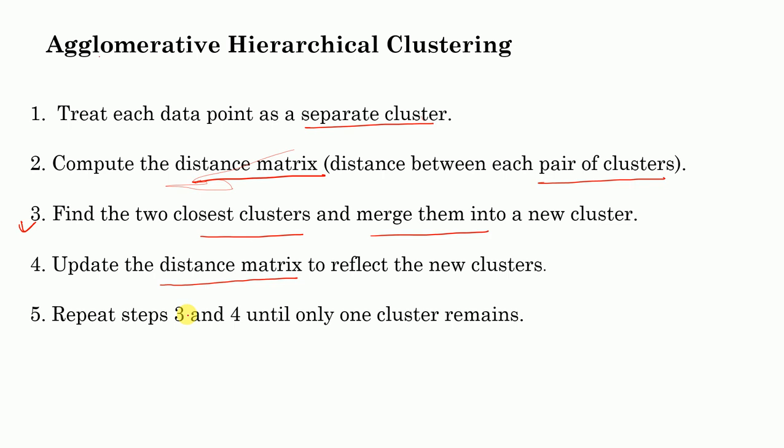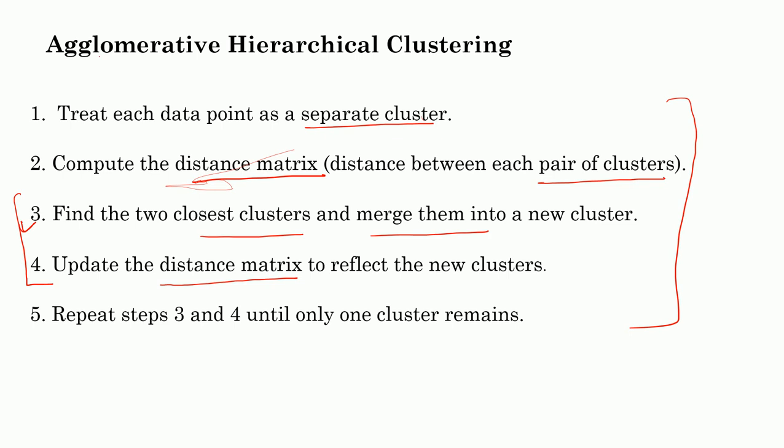And we have to repeat these two steps, 3 and 4, until we get one cluster. So in this way, finally you will get one cluster containing all the elements, or numbers, or you can say items in the given set.